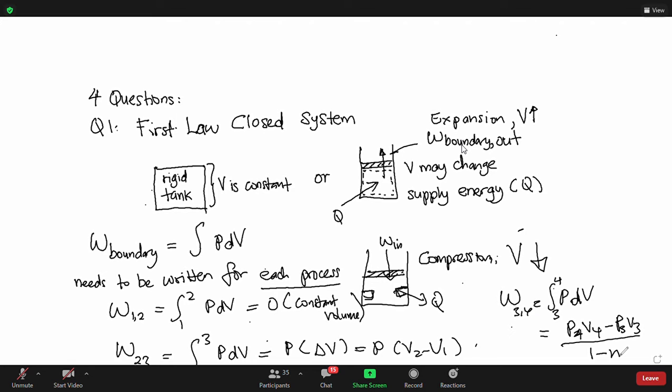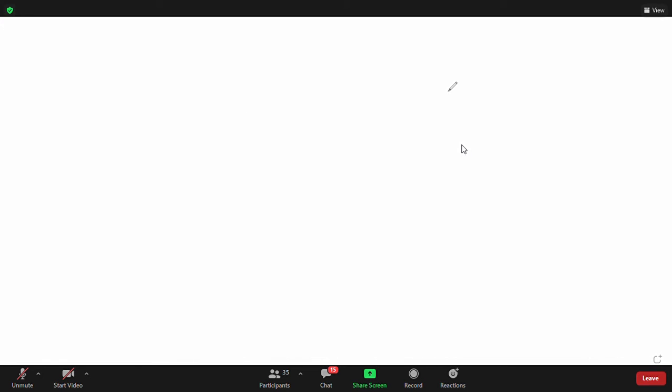Now, once you do that, sometimes you need to find, for instance, they say find the heat. So if that is the case, what do you need to do? First law. You have to write the energy balance. So first you did the boundary work, integral P dV for each process.